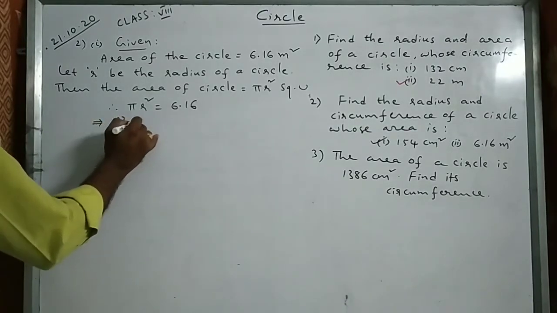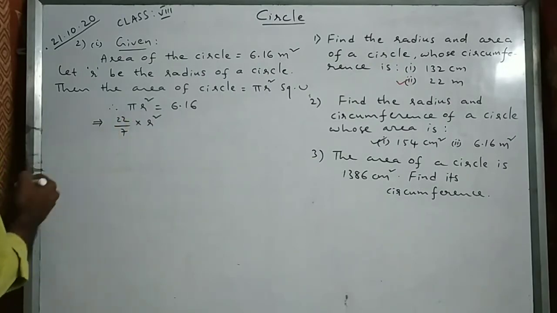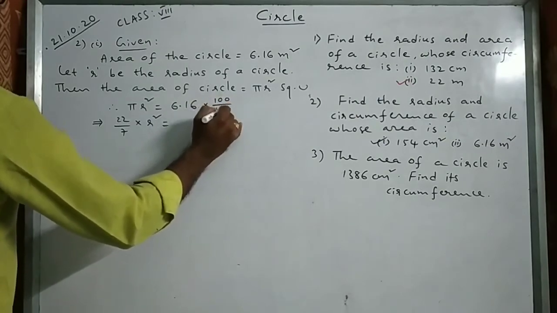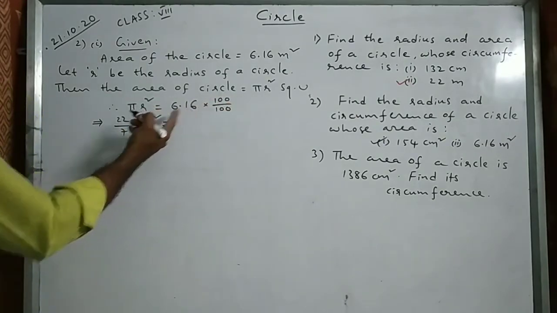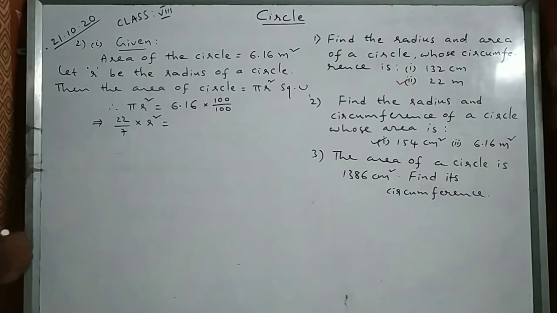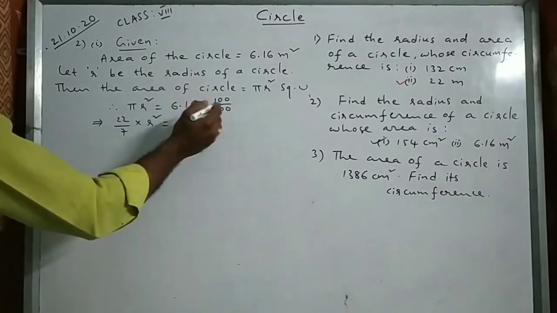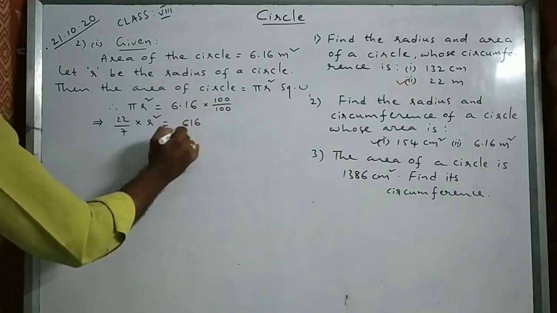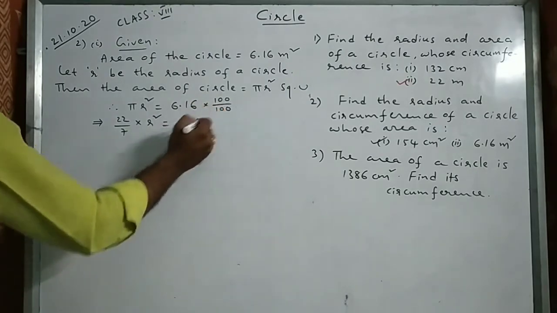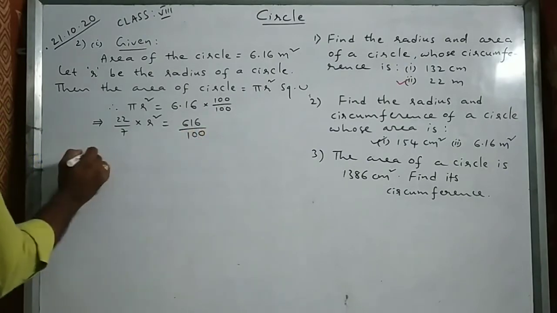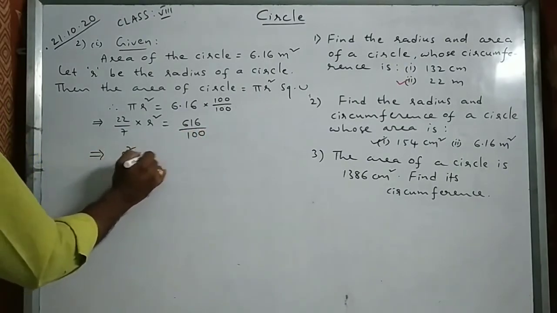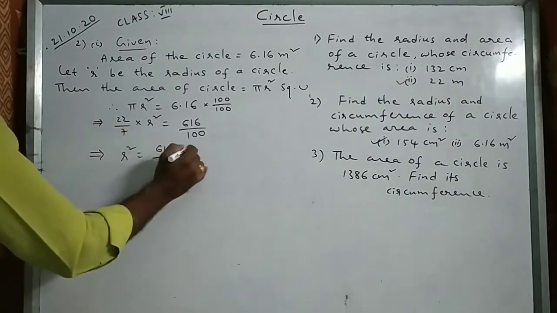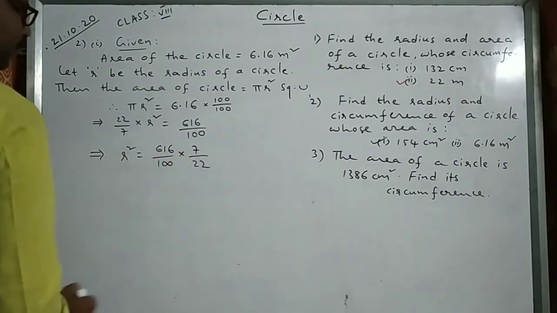Pi value approximately 22 by 7. So I will take 100 by 100, because after the decimal point we have 2 digits. So multiply by 100 and divide by 100. If you multiply with 100, this point will go. This becomes 616 by 100. So r square equal to 616 by 100 into 22 by 7 becomes 7 by 22.